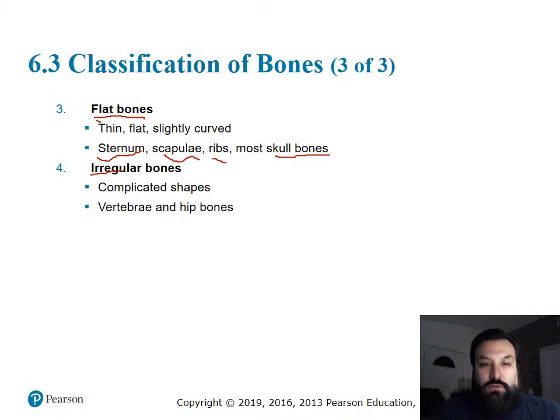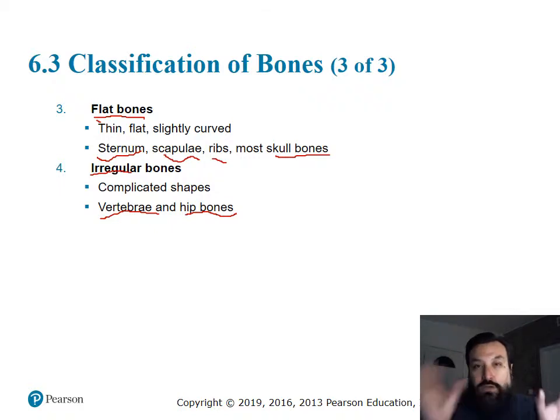And the last one, irregular bones. Shapes that don't fall in the other three are considered irregular bones. The two big examples here are vertebrae and your hip bones, right? Those bones that form the spinal column and those bones that form the hip. Okay, so just a side note, the hip bone, we know to be coxal bone, that's how you pronounce it, coxal bone, is actually two bones in one.